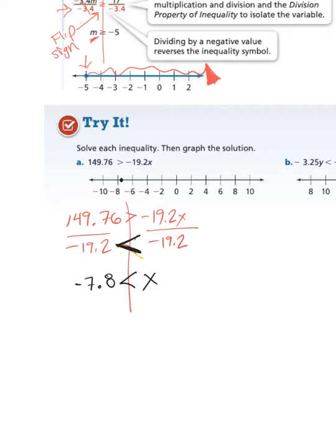And is it going to be open or closed? That's right. It's going to be an open circle. You cannot stop on it. It does not say it's equal to. Then x is touching the greater than side, so you have to shade the numbers greater than negative 7.8.